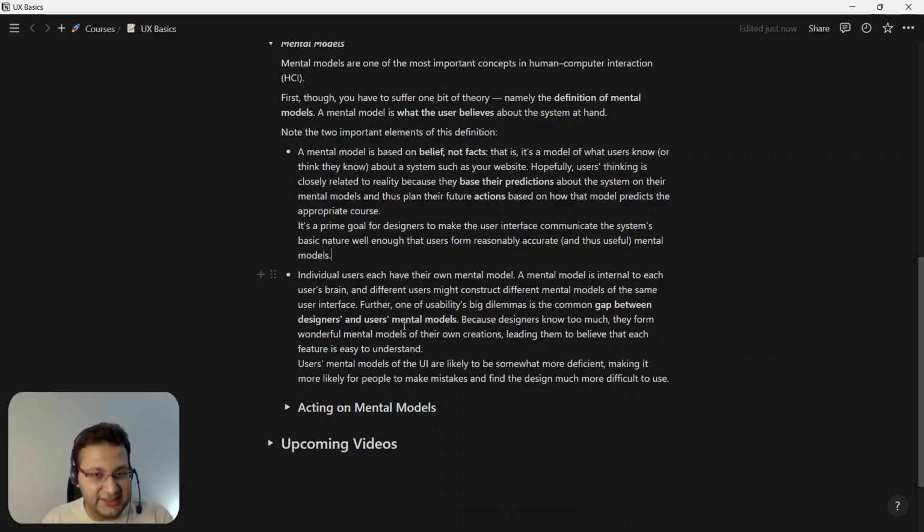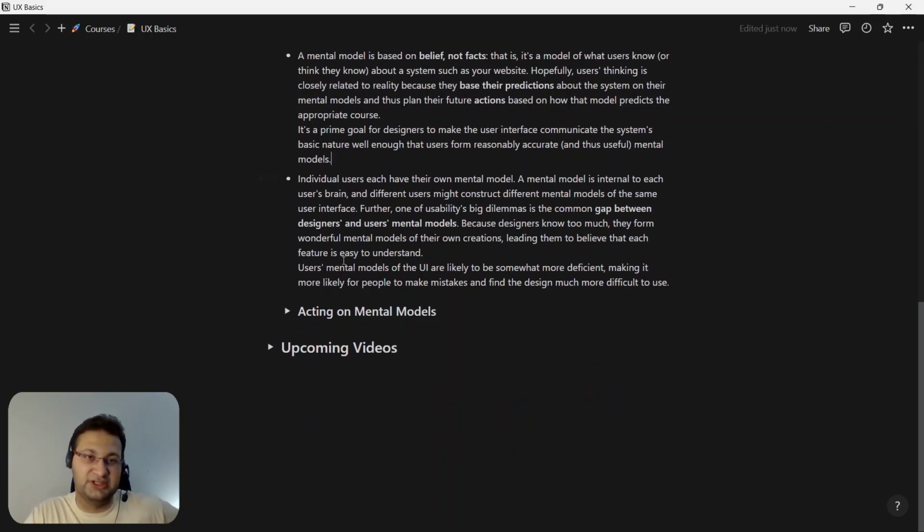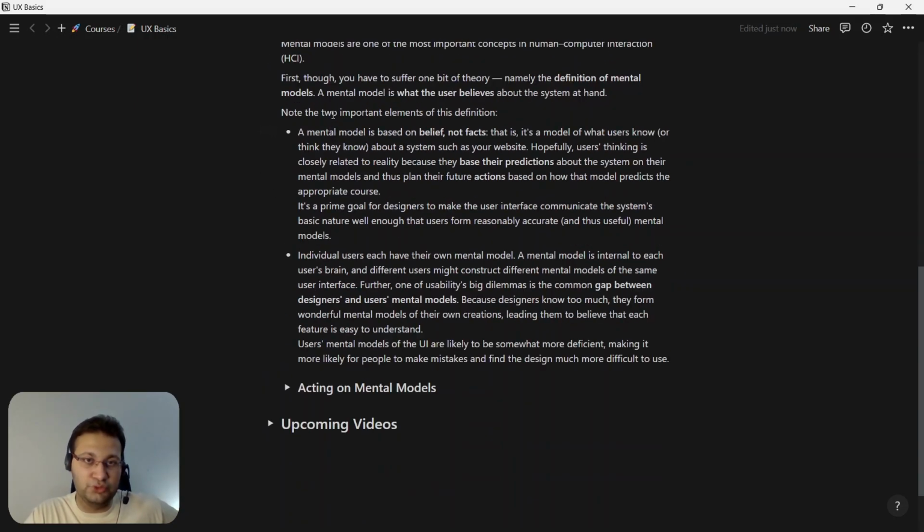If you appreciate this, then during the process you will make an active effort to understand the mental models of users, or build a UI which is so basic in terms of its interaction and ability to communicate that they can form reasonably accurate mental models on the spot, and don't have to depend so much on their own learned expectations and predictions. So those are the two important elements of this definition of mental model.